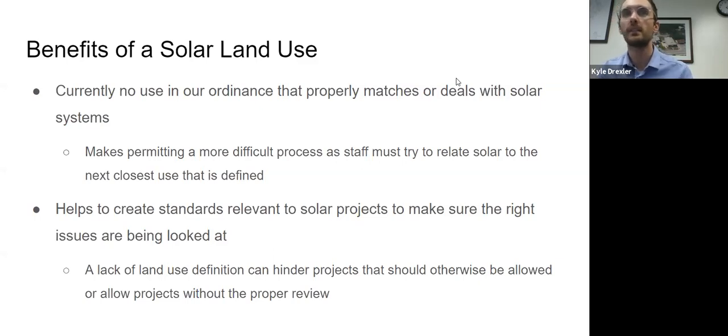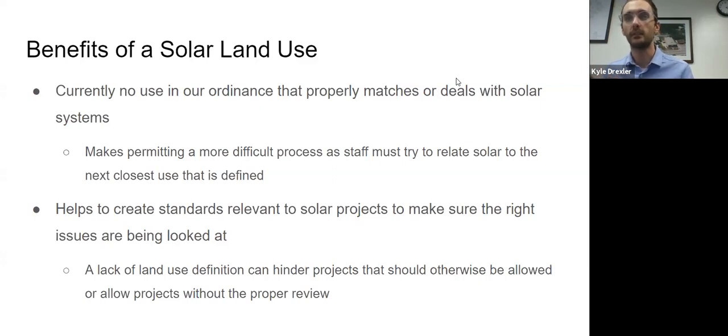So if you don't have a specific land use and specific standards geared towards that use, and you're using just really general standards, then you often come into a situation where you might be allowing a project to go through with a limited review, where you're not reviewing things properly because you haven't identified those specific areas of interest, or you're putting too much focus on certain review criteria that don't necessarily apply to the project.